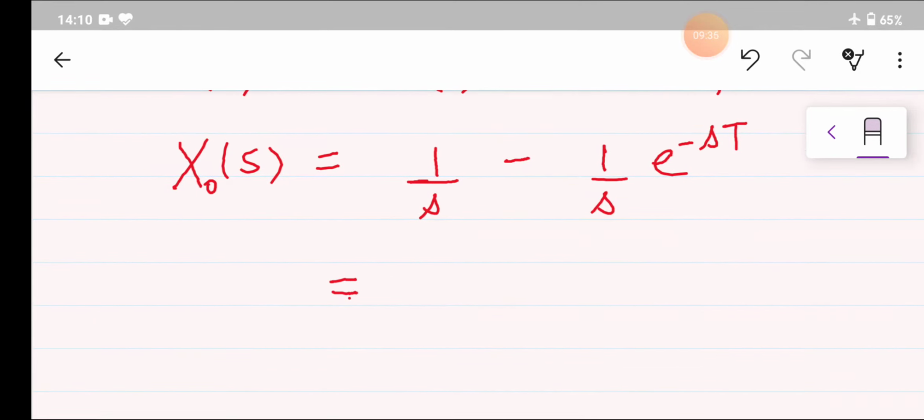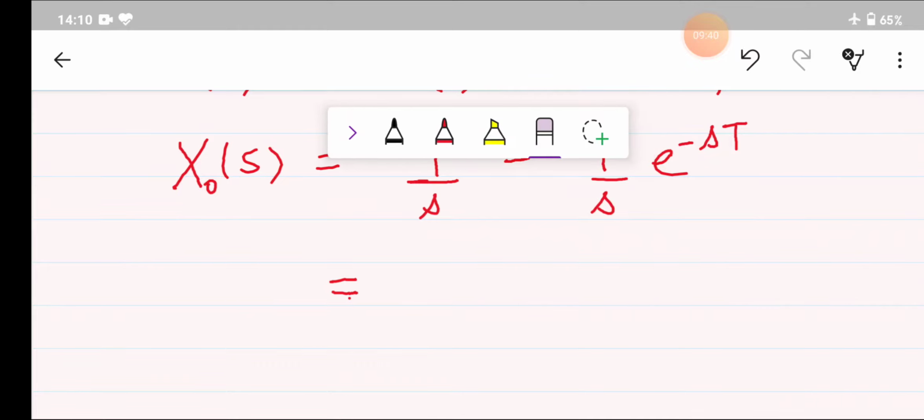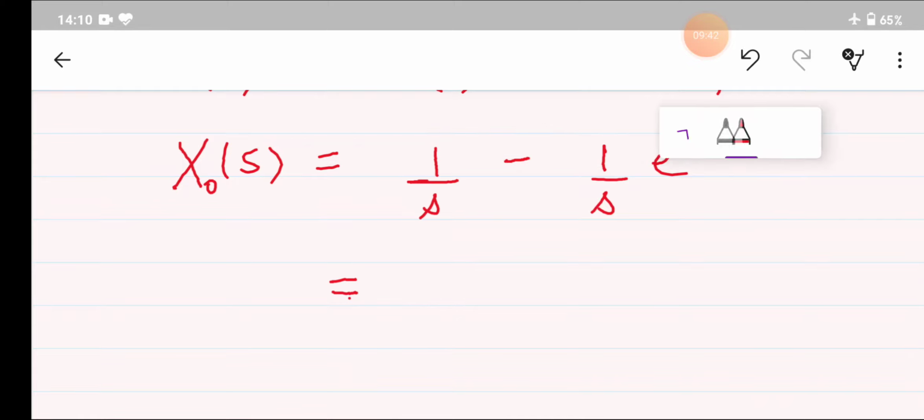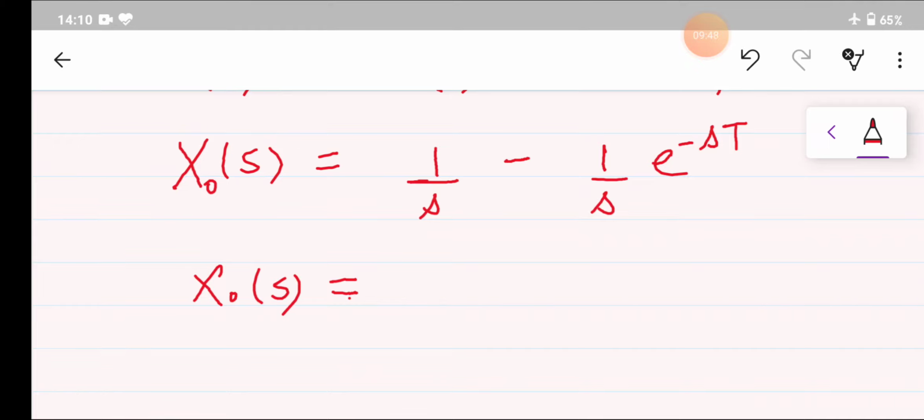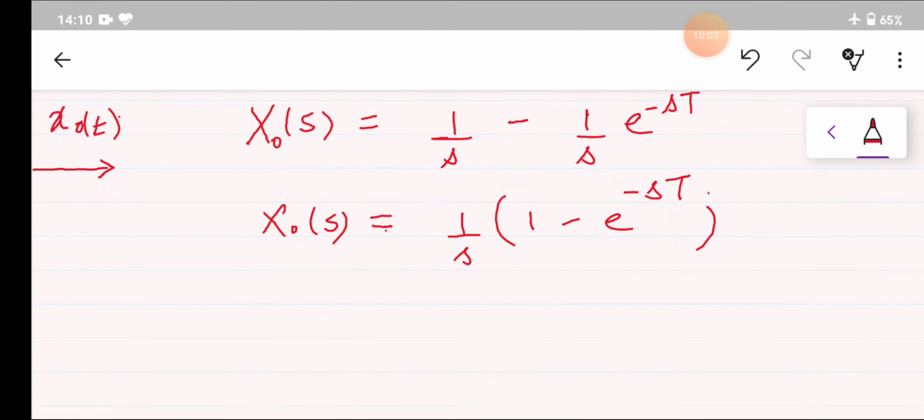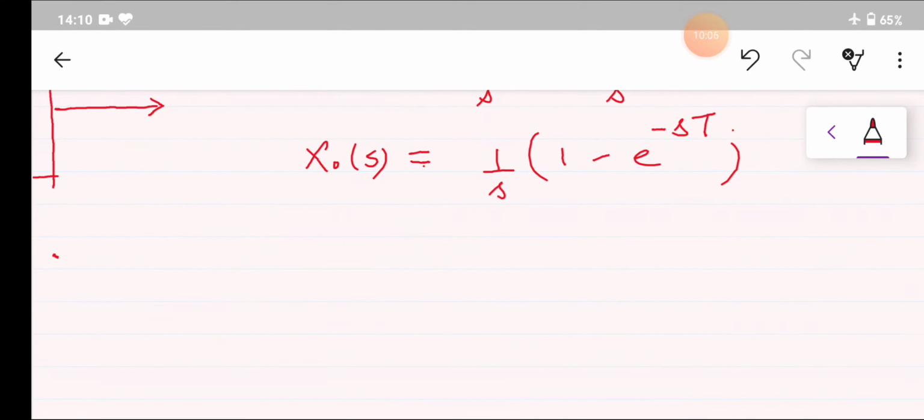So you can see that X0(s) will be equal to 1 by s into bracket 1 minus e to the power minus sT. So this is our output in frequency domain.